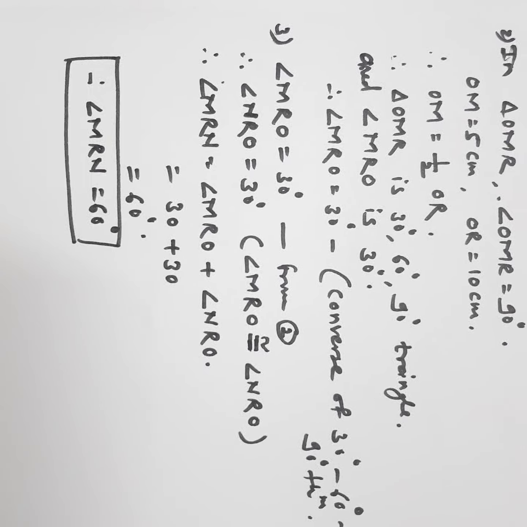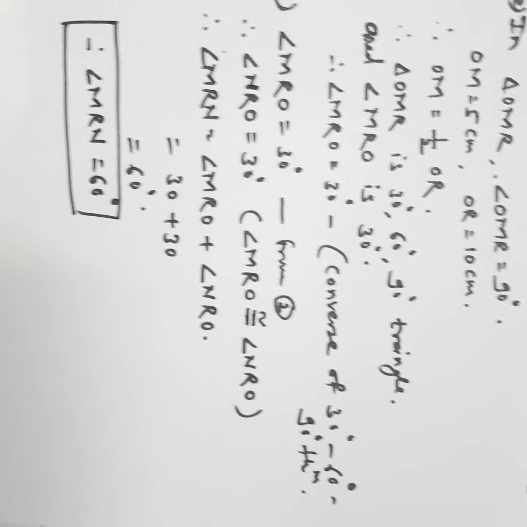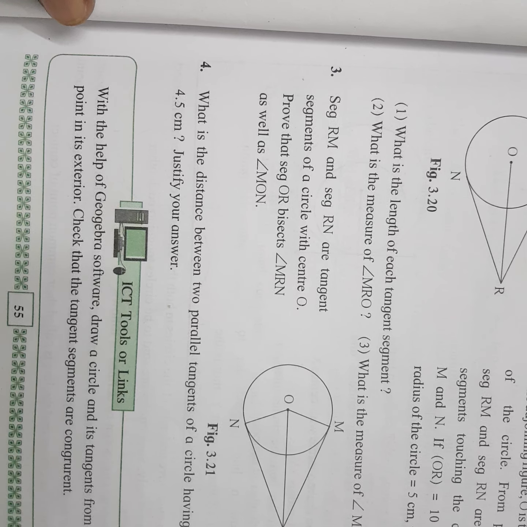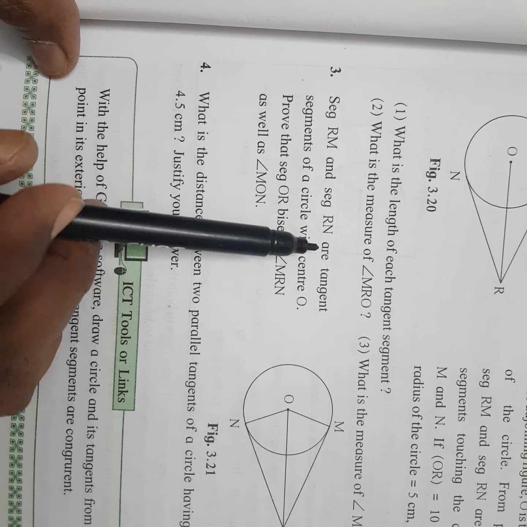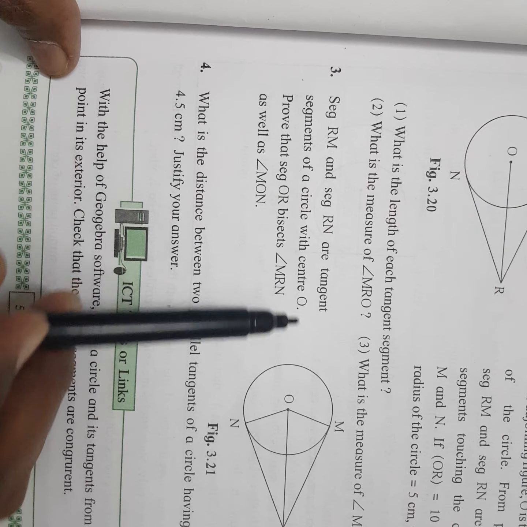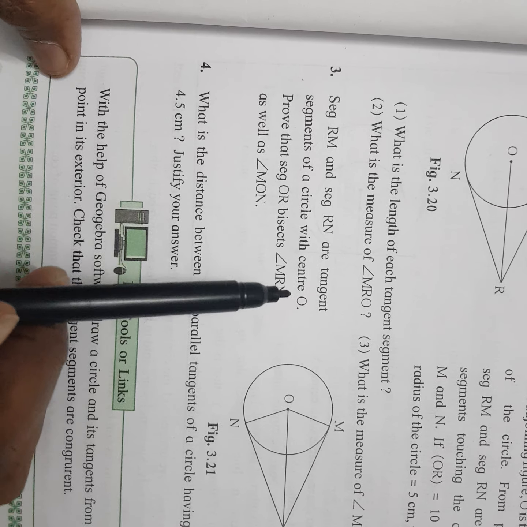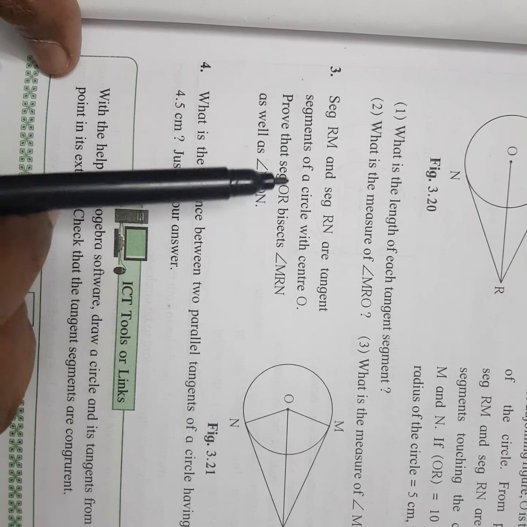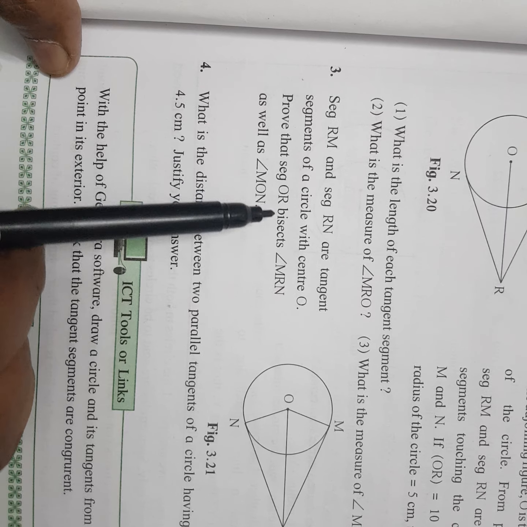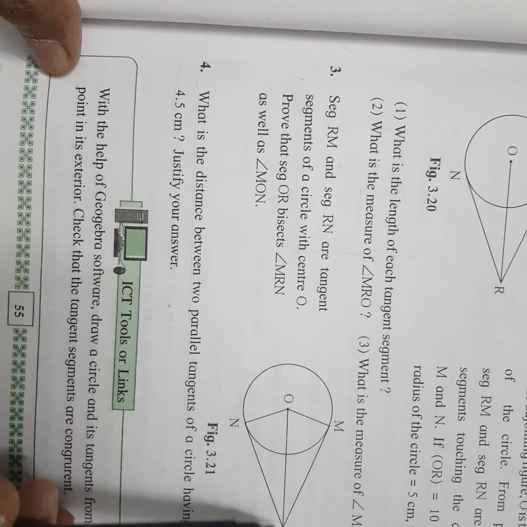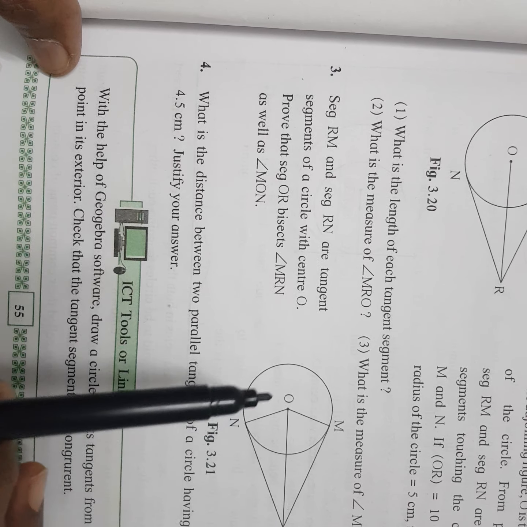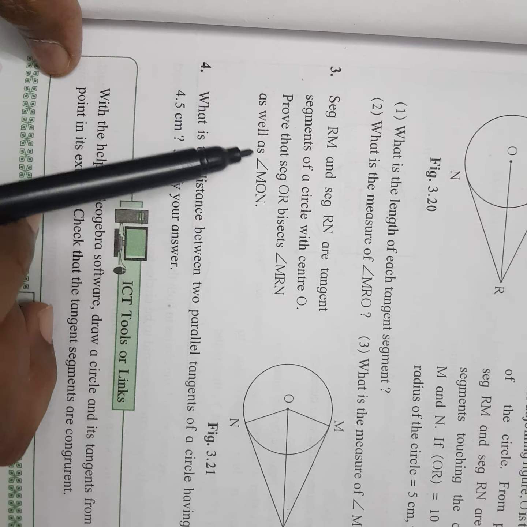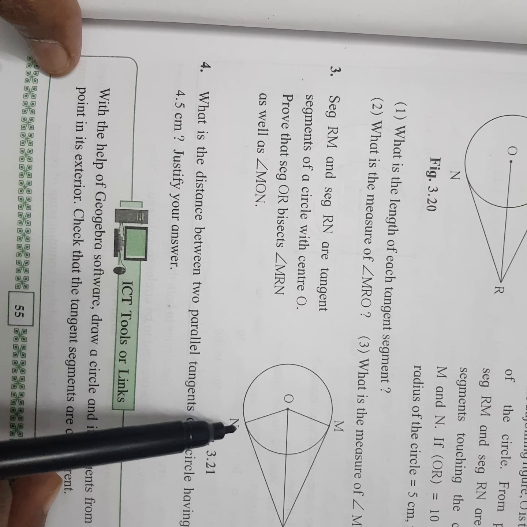We have found all three things from this example. Now the third example from the practice sheet: segment RM and segment RN are tangent segments of a circle with center O. Prove that segment OR bisects angle MRN, meaning these two angles are congruent, and also that it bisects angle MON.